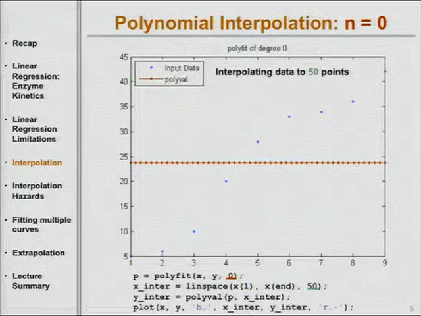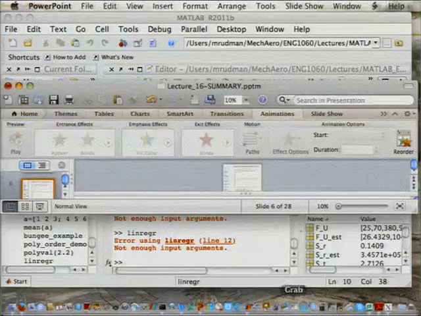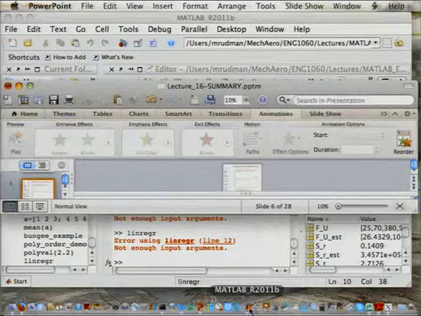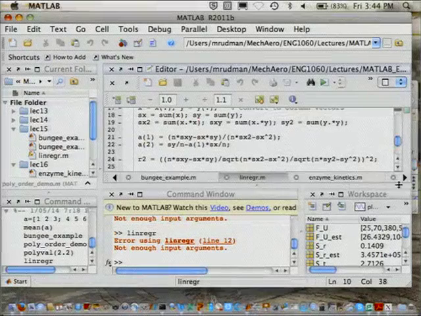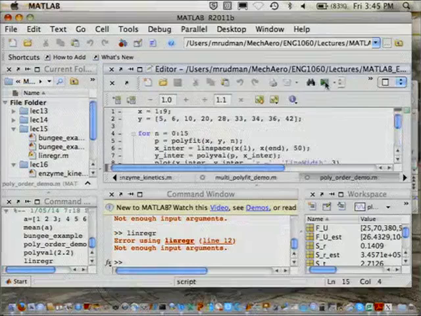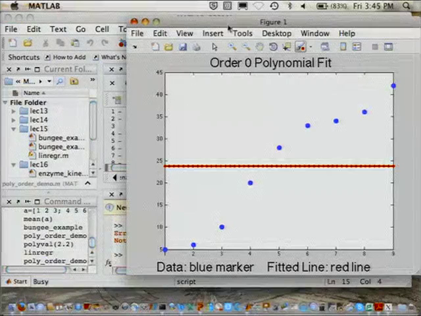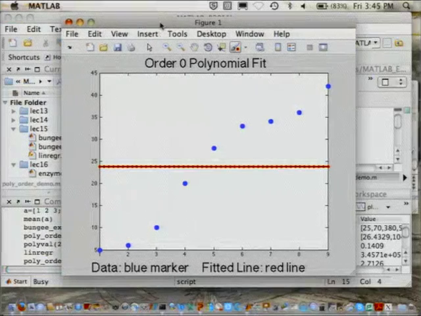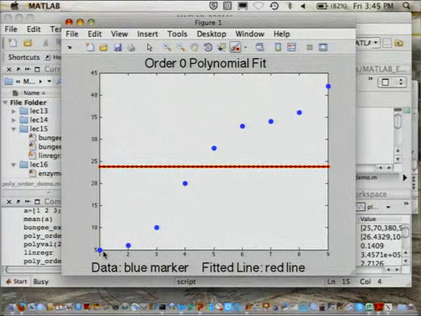So I think I've got this one on MATLAB. Okay, so what we've got: 1, 2, 3, 4, 5, 6, 7, 8, 9. We have 9 data points. And what we've done to begin with is we've called polyfit(x,y,0).